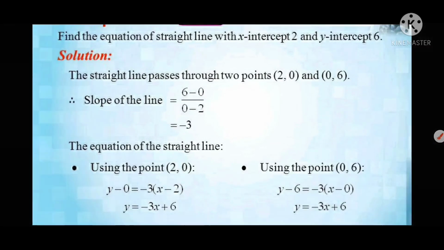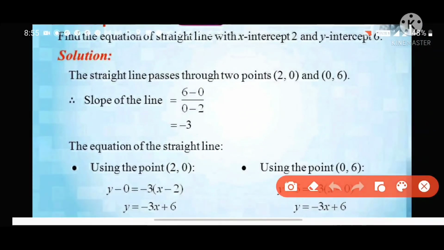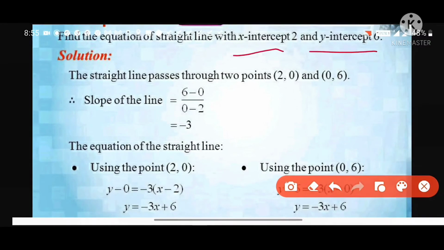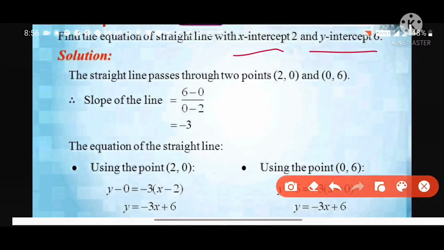Next, find the equation of the straight line with x-intercept 2 and y-intercept 6. This is intercept form or double intercept form, because both intercepts are given. X-intercept is 2 and y-intercept is 6.